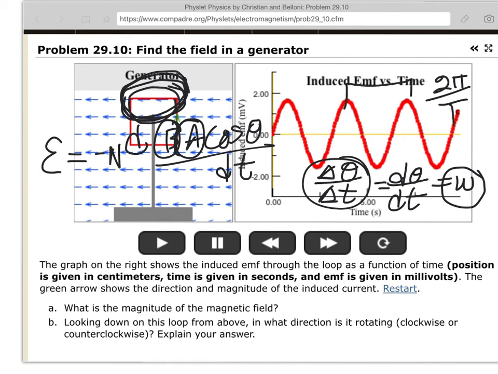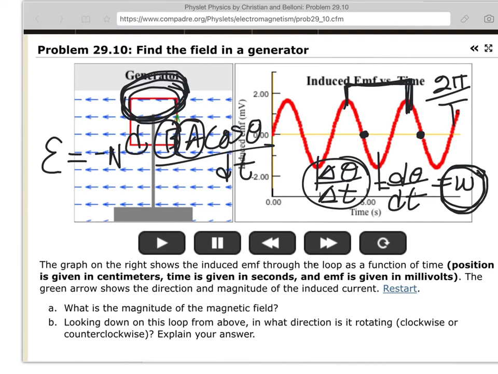And so there's the period, right? That's the period, or you could get the period here. It's the time of one complete cycle. Or you could get the period from falling through 0 to when it falls through 0 again. Any of those two things should give you the same period, and if you divide 2 pi by the period, you get the angular frequency or the angular velocity of the coil as it spins.